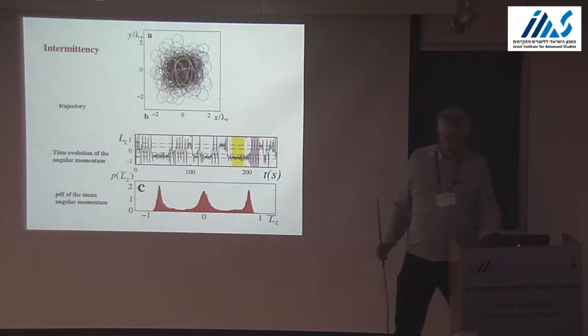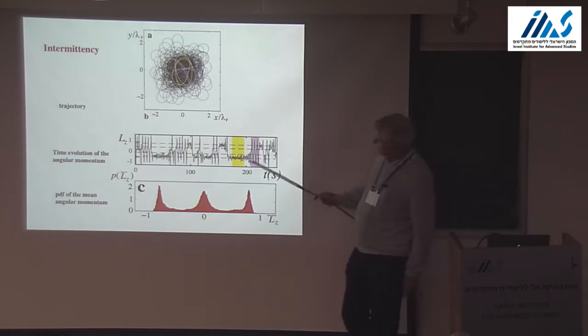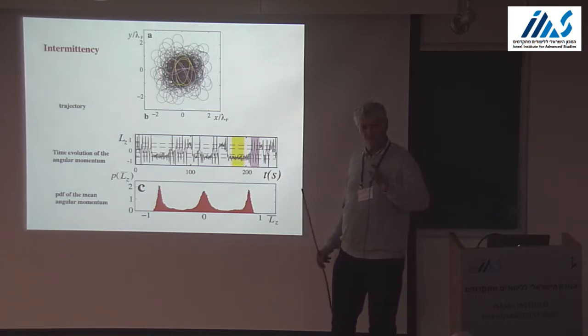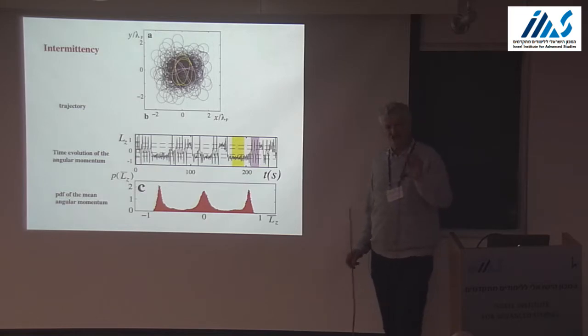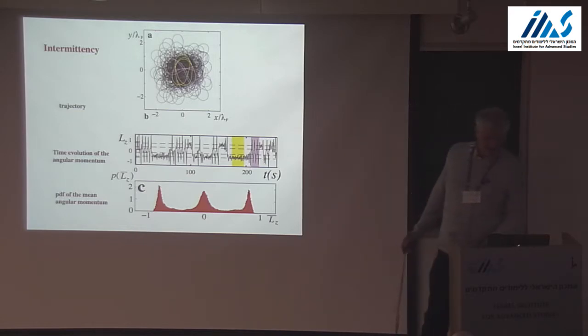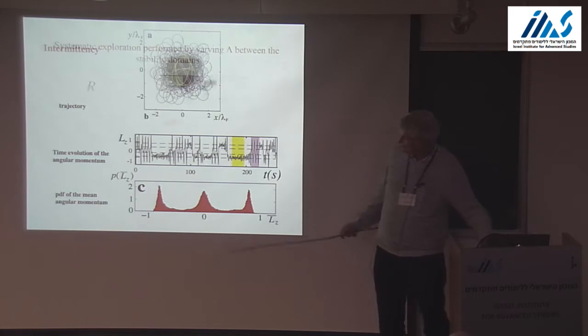What is interesting is that you have very little time of switch from one mode to the other. At each time, the system is in one of the orbits, and it spends very little time switching, so you can define a probability of being in one state or the other.